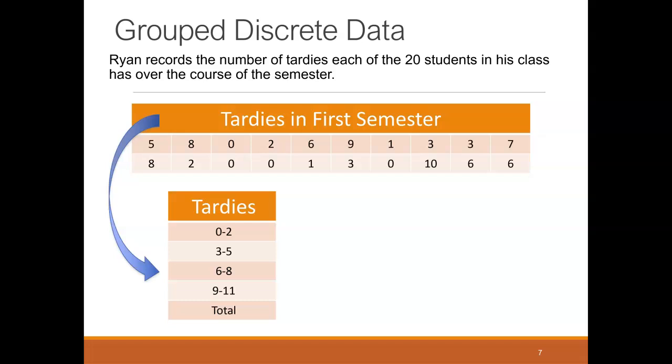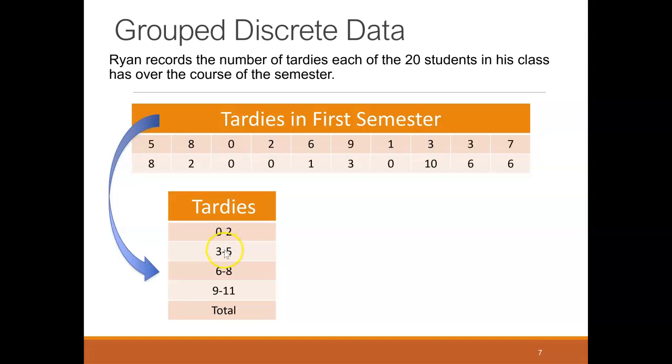Well, there's 3 possible responses that go in each group, right? 0 to 2 includes 0, 1, and 2 tardies. 3 to 5 would include 3, 4, and 5 tardies, etc. But the range is really 2, because the distance from the number 0 to 2 is 2. But there's 3 possible responses that go in there.